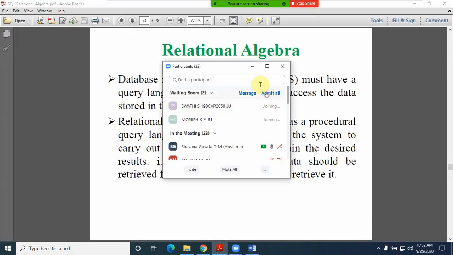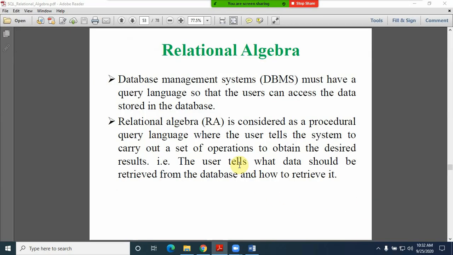Now, what exactly is relational algebra? Database management systems must have a query language so that users can access the data stored in a database. So how do we manage this accessing or processing of the data?